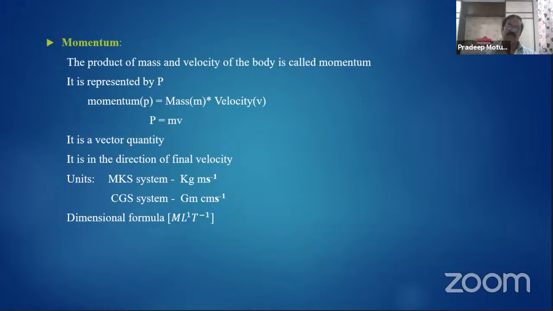So whatever the motion may be, the momentum can be represented simply as the product of mass and velocity. It is also a vector quantity, which means it has both magnitude and direction.